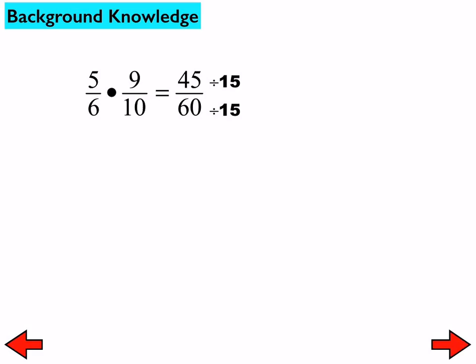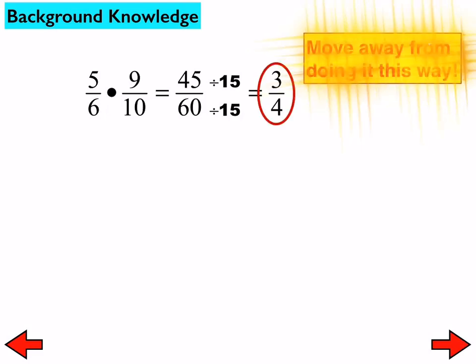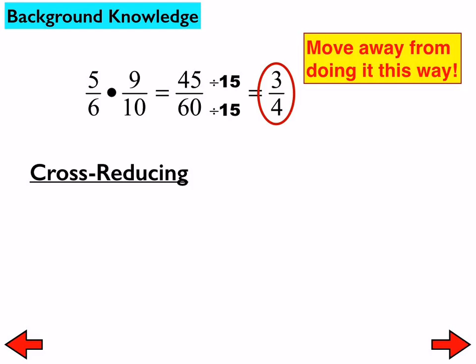Because most people probably wouldn't even see that 15 went into the numerator and denominator. They probably would see that 5 went into it. And then after they reduced that, then they would see 3 again. So what you've done is you've reduced twice when you could probably get away with it by doing it this way. And so we need to move away from just multiplying straight across. I'm not saying that you can't do that, because you of course can, but from experience it takes longer.